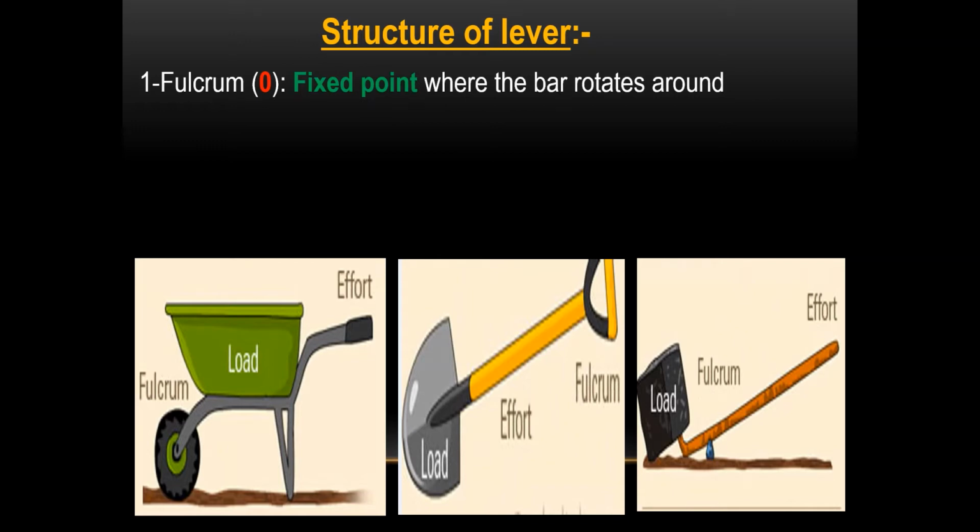The fulcrum is the fixed point, or the point that never moves, which is constant in its place and never rotates with the rigid bar. So, the fixed point, or the point that never rotates or moves in the lever, is called fulcrum.